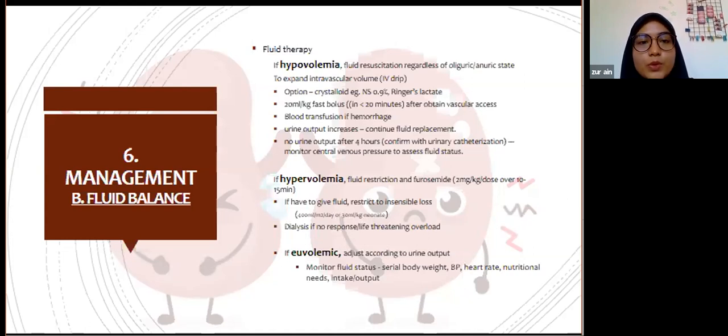We also monitor the features of volume overload, such as hypertension, raised JVP, hepatomegaly. If there is no response to fluid restriction and diuretics, we must think of dialysis, because we don't want life-threatening overload.